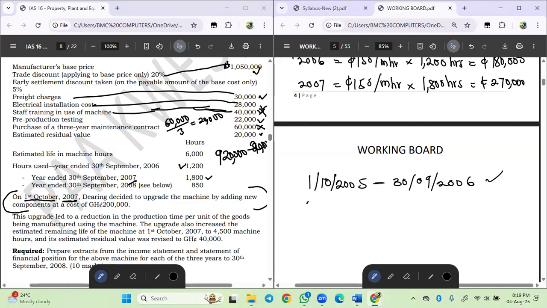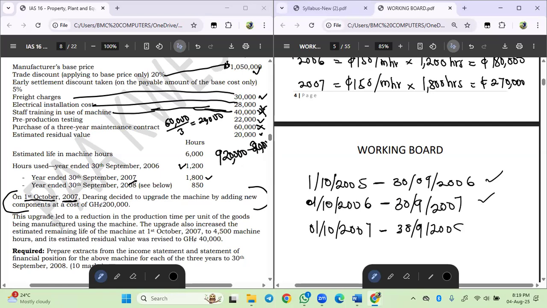Now, the next accounting period will start from 1st October 2006 and end on what? 30th September 2007. That is the second year. Now the third year will start from 1st October 2007 and end on what? 30th September 2008.